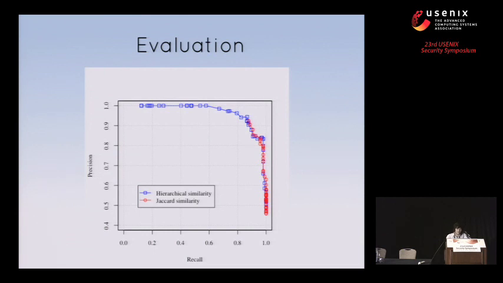So we can see that in terms of precision, the hierarchical similarity measure performs better than the Jaccard similarity-based method. With the Jaccard similarity-based method, no matter how we change the threshold value, its precision didn't increase above 91%, while for the hierarchical similarity method, we could reach all the way up to 100%.